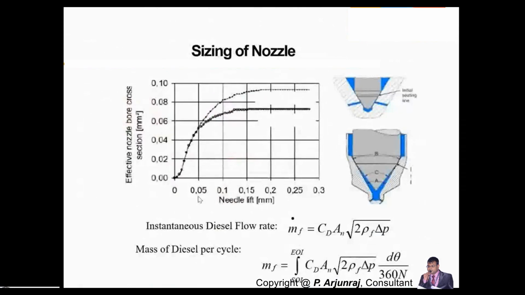When the lift increases, you can get a higher lift when the pressure is higher, and you are going to measure different values. When the lift increases, the nozzle bore cross-section area is also going to be higher.